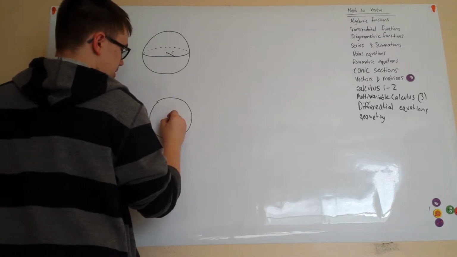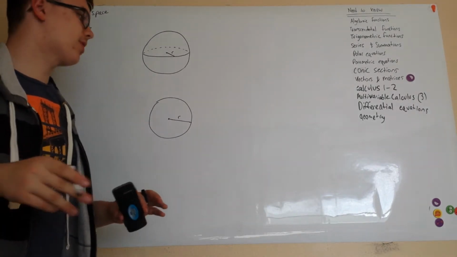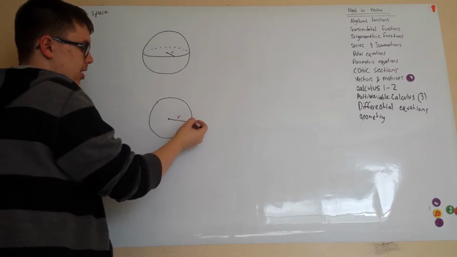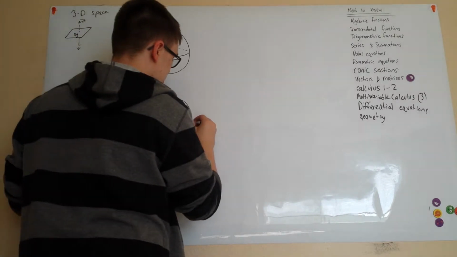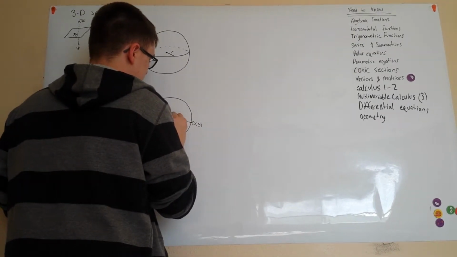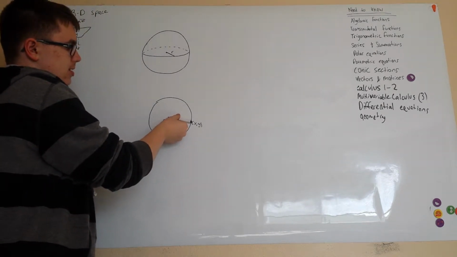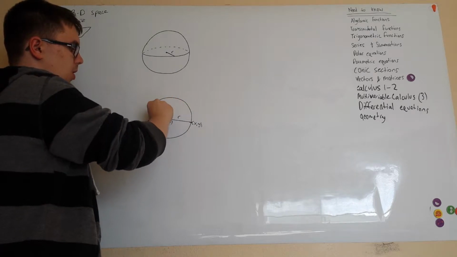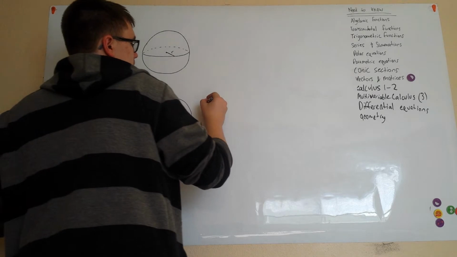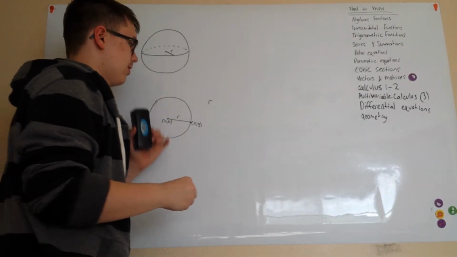If we have a circle with radius r, the circle is defined where the distance between the center point h, comma k, and the point x, comma y always stays the same, and that's how we define the circle using the distance formula. So instead of d, I write r because they're the same.